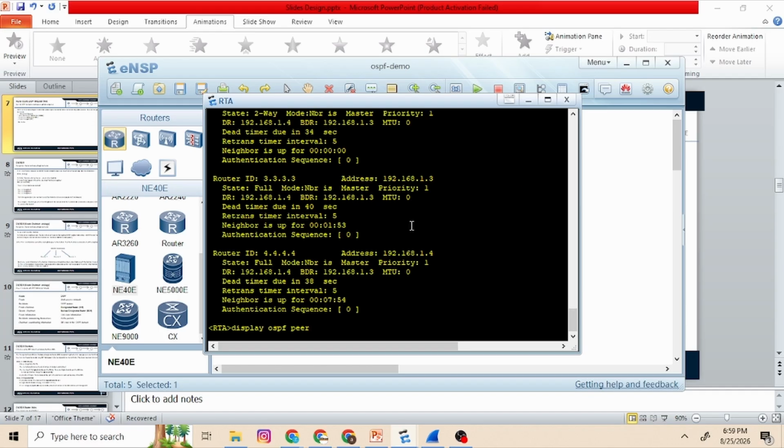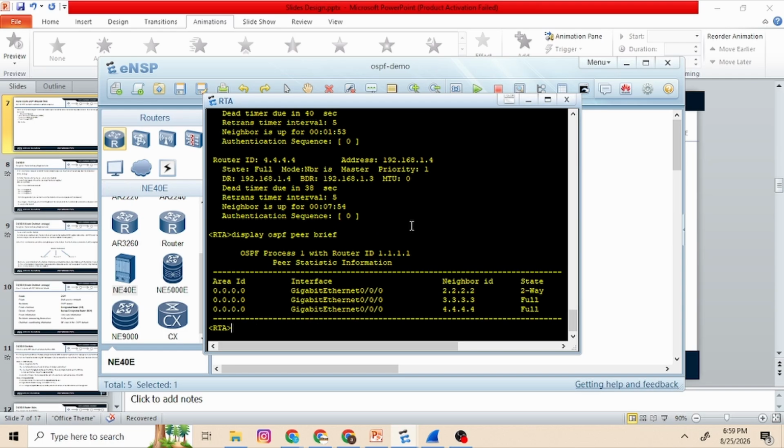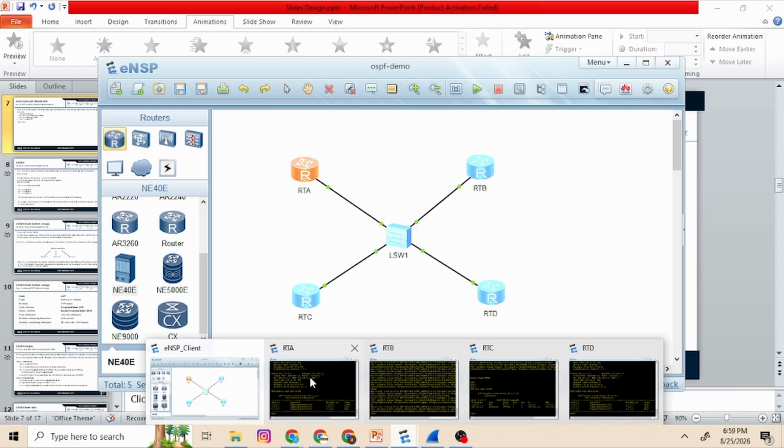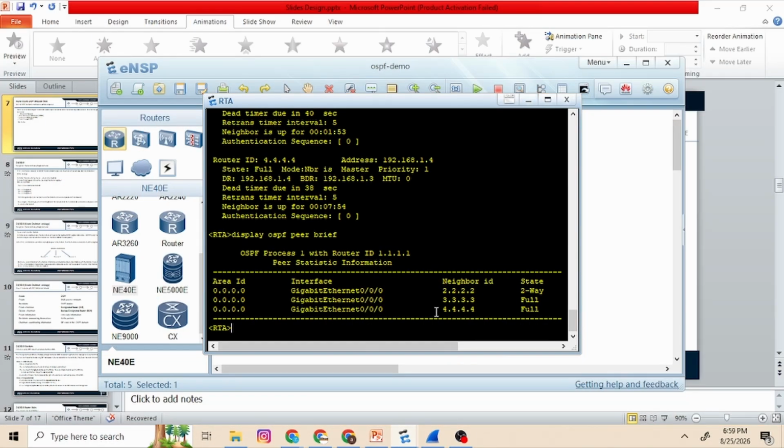To make it readable, we can say brief. So you can see it has 3 neighbors, which is correct. This router has 3 neighbors: 1, 2, 3. Correct. But it only has a full relationship with 2 of the neighbors. 4.4.4.4, we'll see which one that is.